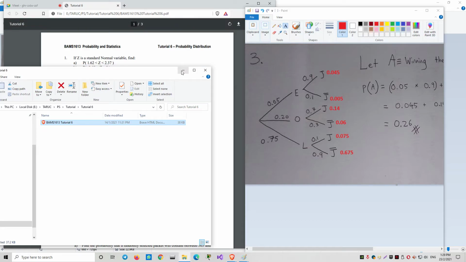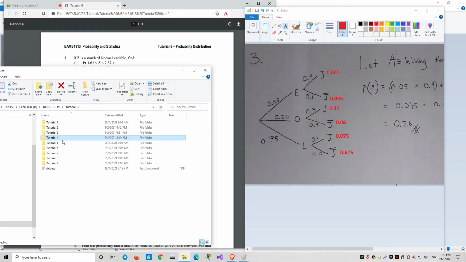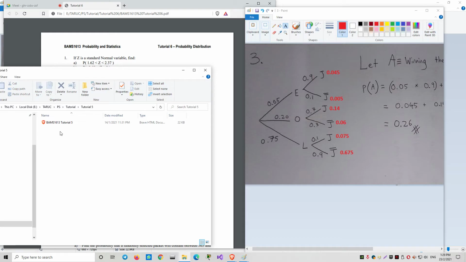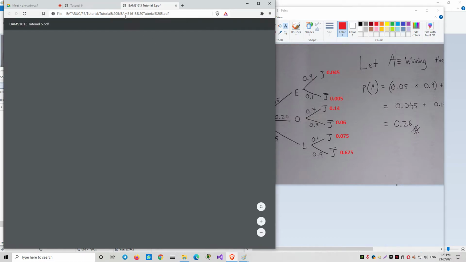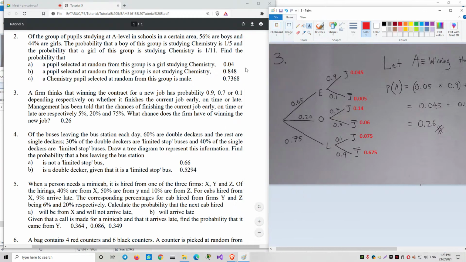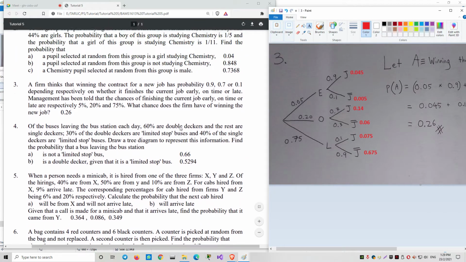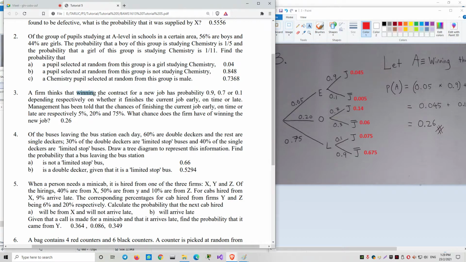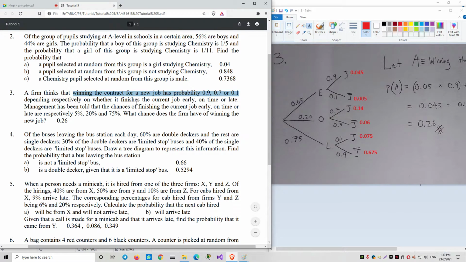In terms of the probability tree, I know regardless whether we're following Noel's method or my method, the answer is still correct. That's confirmed. But I just want to read back the question, which one is which first. Because winning the contract, that is the probability 0.9, 0.7, or 0.1, isn't it?